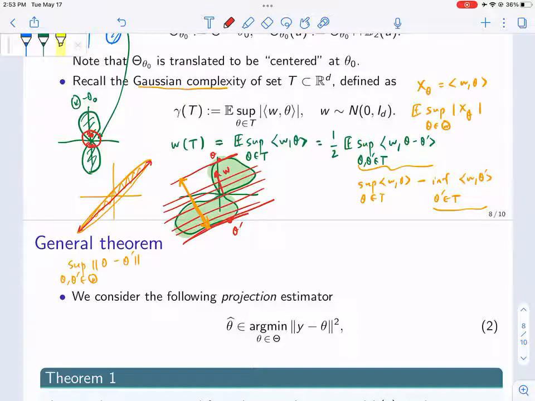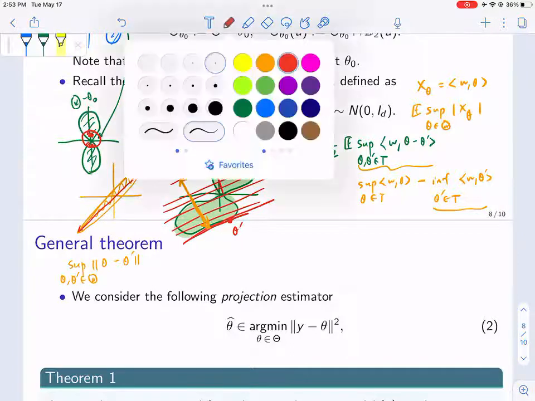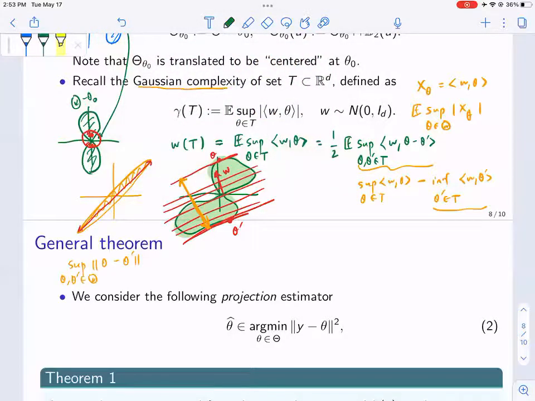Why would the Gaussian width be much smaller than the diameter? For example, if you take W in this direction, the width in this direction is very small. The worst case happens in a very specific direction, so you take the average between this and other cases. It's not going to be too small, but it's going to be smaller than the diameter.